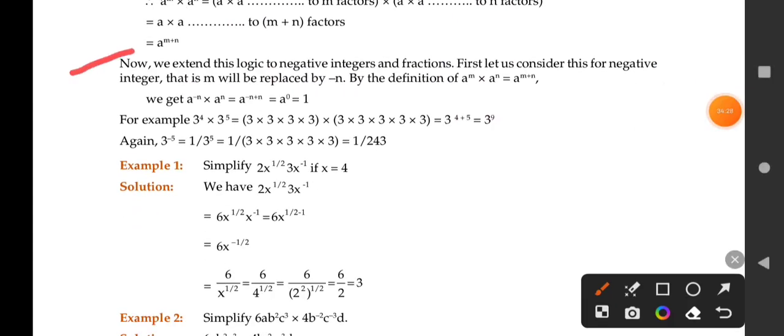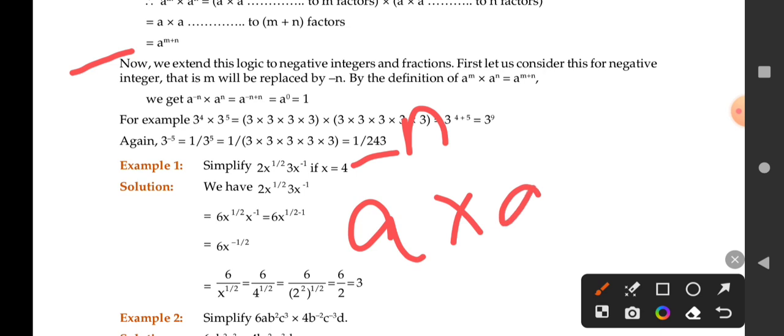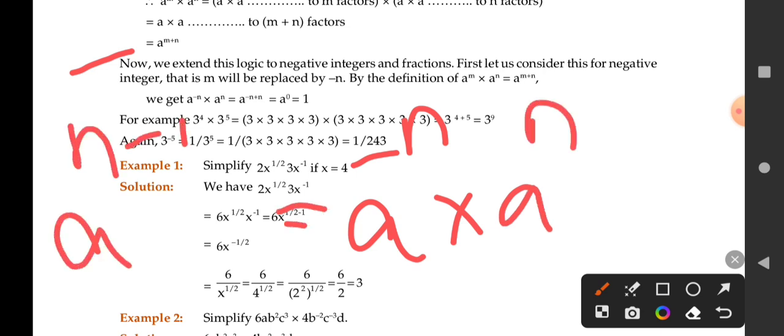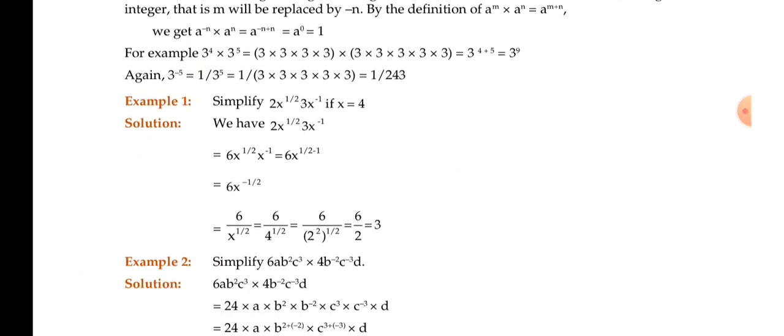So we extend this logic to negative integers and fractions. First let us consider this for a negative integer, that is, m will be replaced by minus n. So what do you get? A minus n into a raised to n is equal to a power n minus n, which is equal to a raised to 0, which is equal to 1.